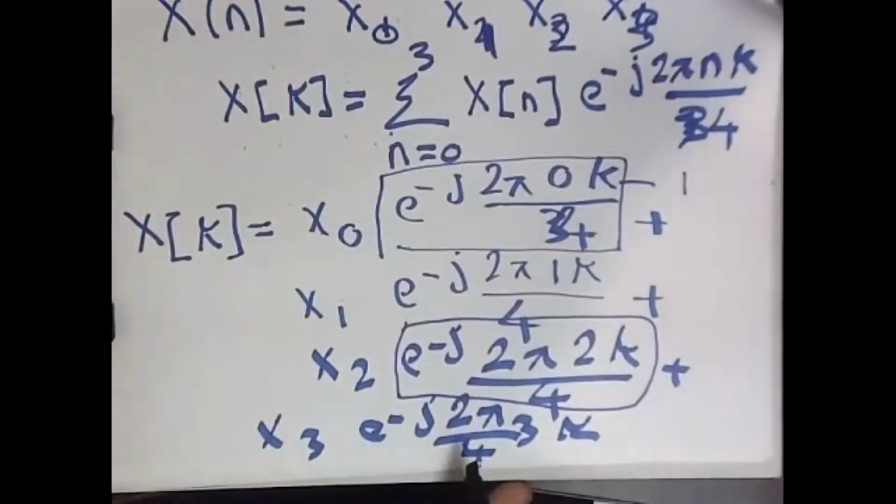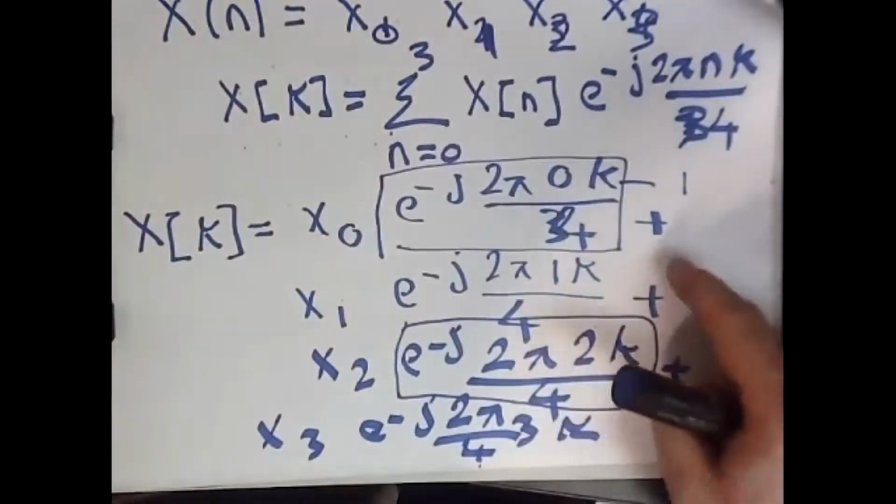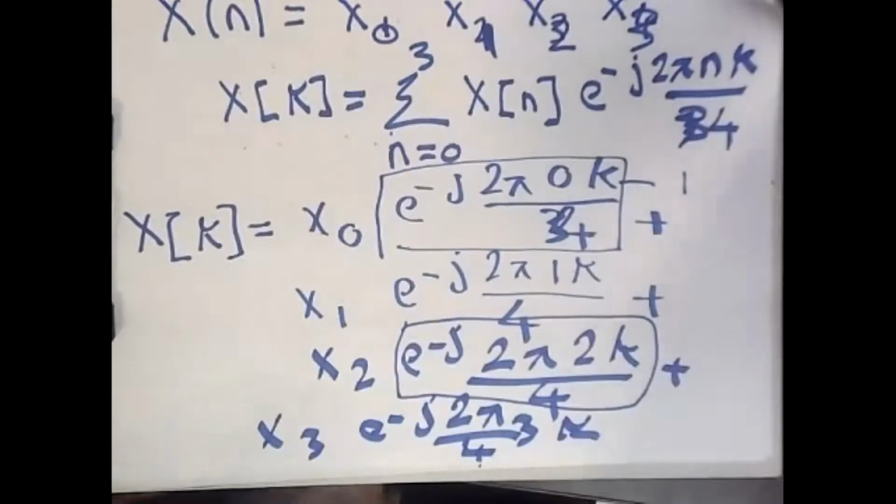And this is e power minus j 3 pi k, sorry, this is 3 pi over 4 k. So as you can see here, we have the term e power minus j k somehow as a common factor in all these 3 parameters. So you can simply consider e power minus jk, or e power k at least, here as a common factor.